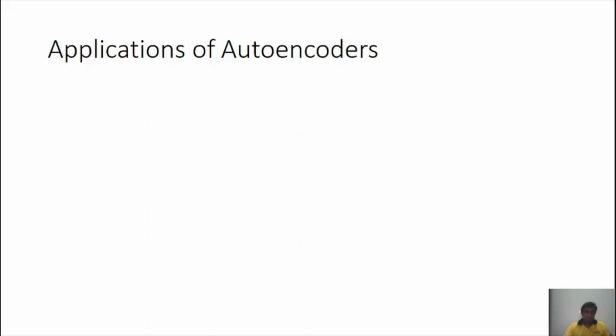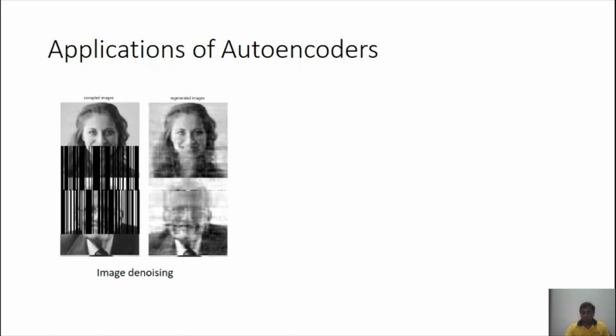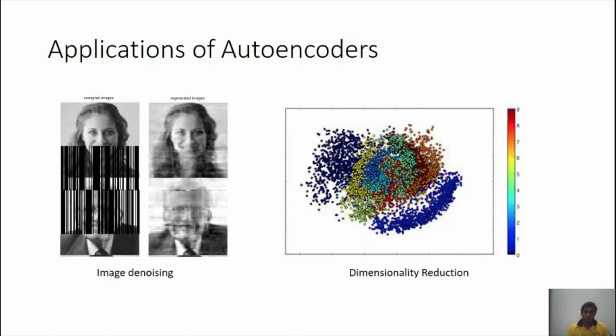Okay, so what are the major applications of autoencoders? You will see that the major applications of autoencoders in real life today are two. First one is to denoise images, and second one is to reduce the dimensionality of the input data. These are the two applications where you will find them being used practically.